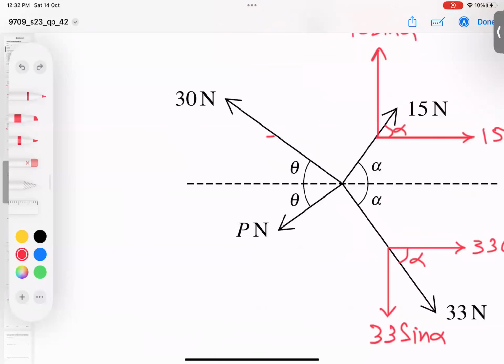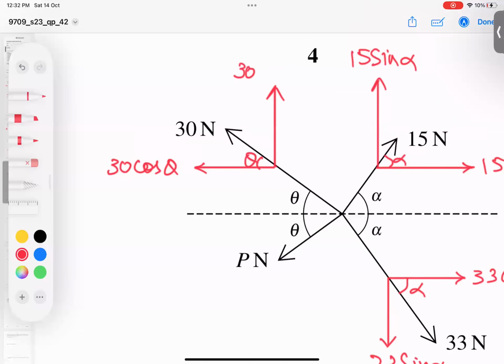When you talk about this, because this angle theta is given here, this is theta, the same. So in one, this is the force. So this becomes 30 cos theta. This becomes 30 sine theta.